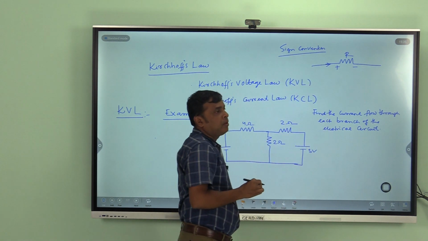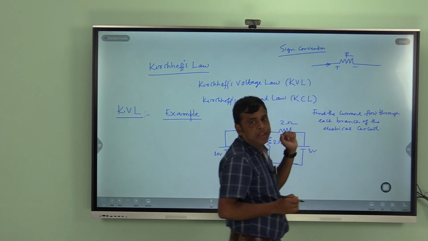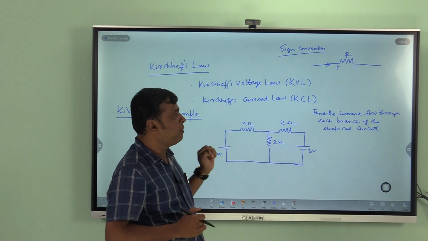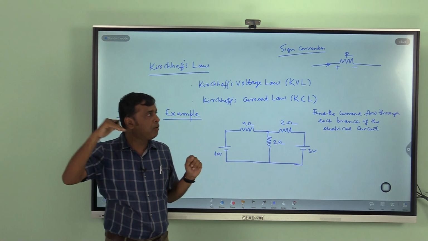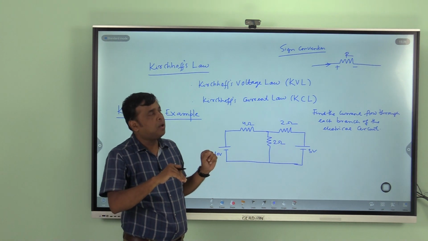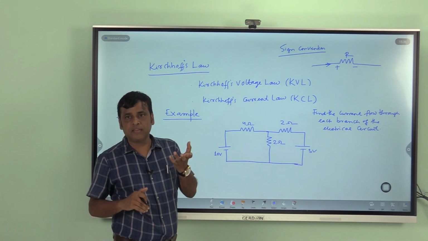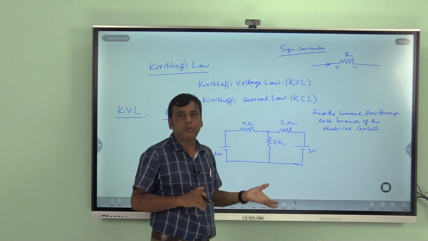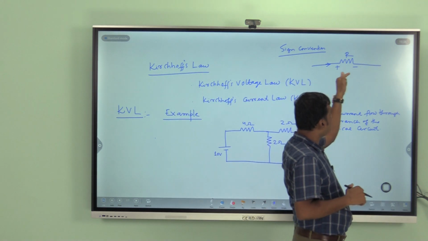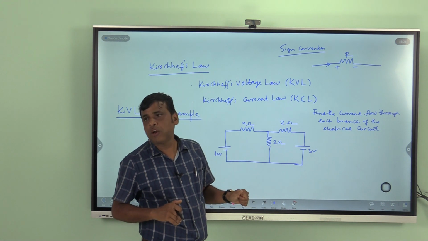What does it mean? In KVL, energy conversion means when you go from higher potential to lower potential, there is a voltage drop, and if you go from the lower end to the higher end, there is a potential rise. So, if there is a resistance and you go from plus to minus, you take it as minus.